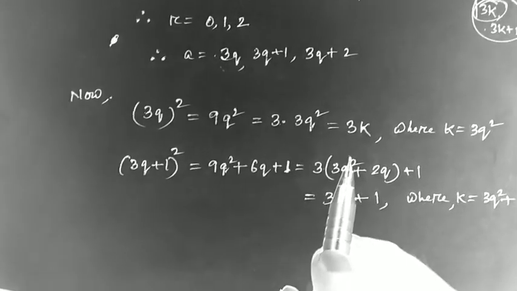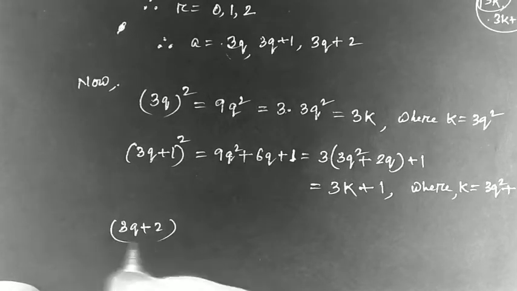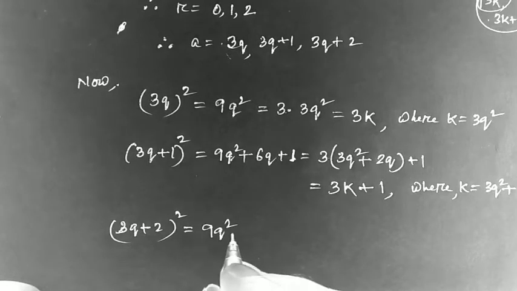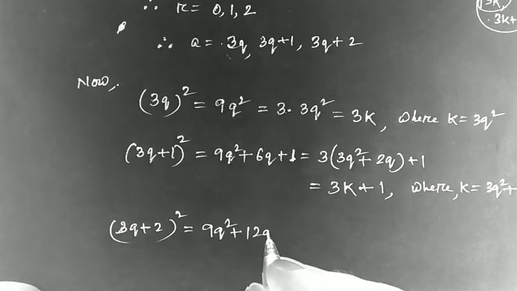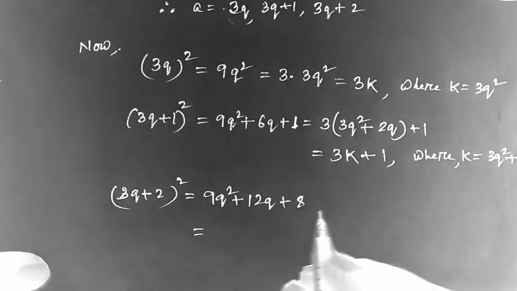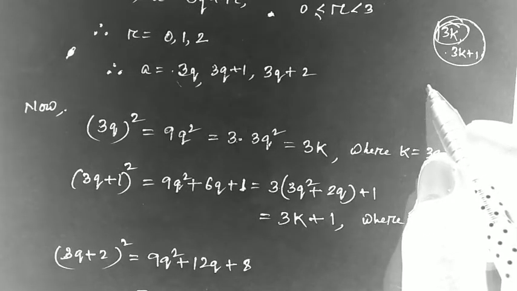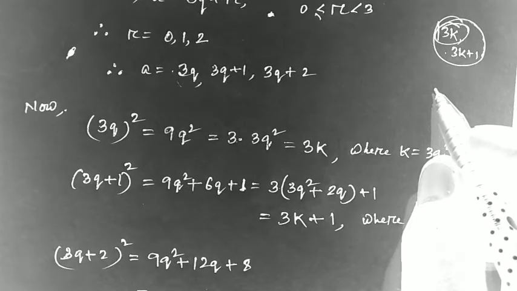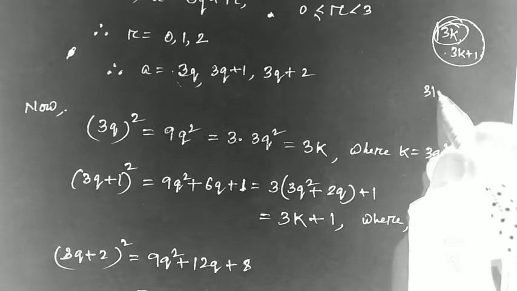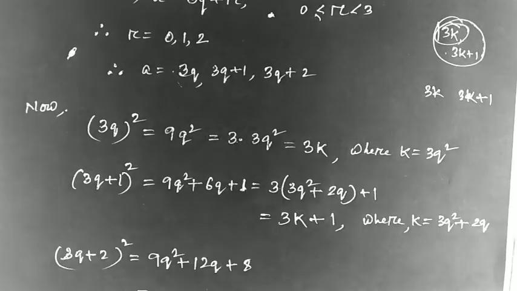Now the third integer, 3q plus 2 square. 3q plus 2 square means 9q square plus 12q plus 4.